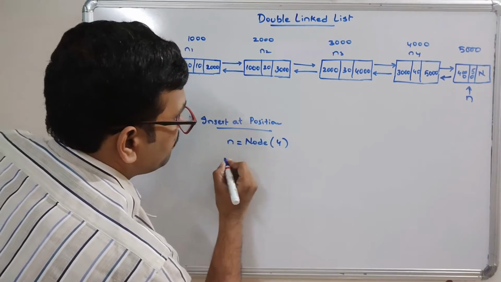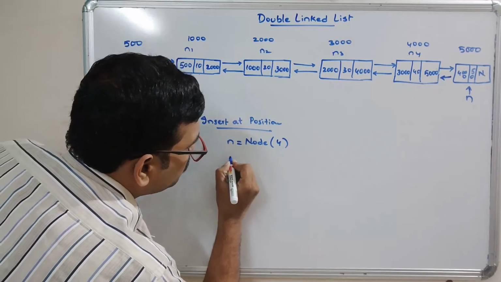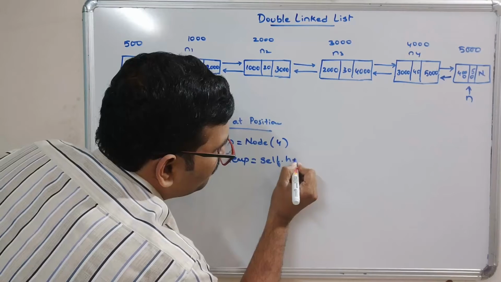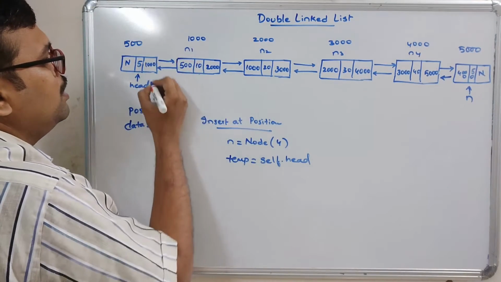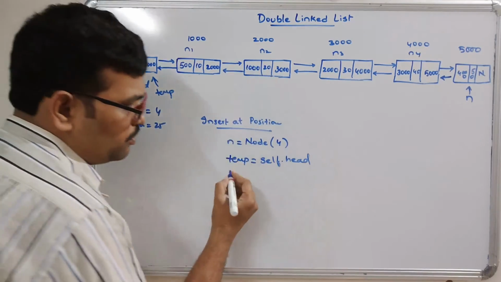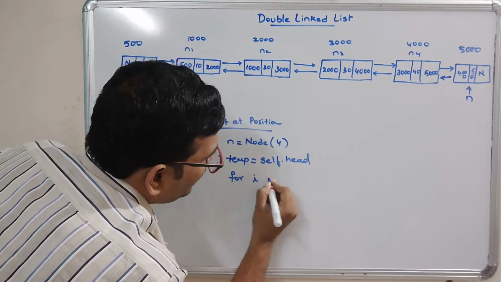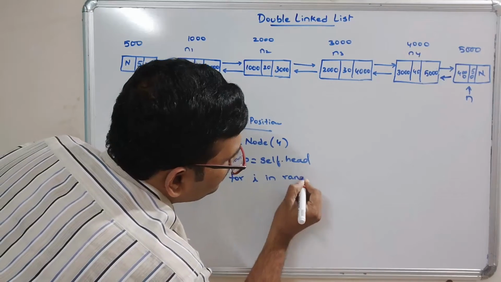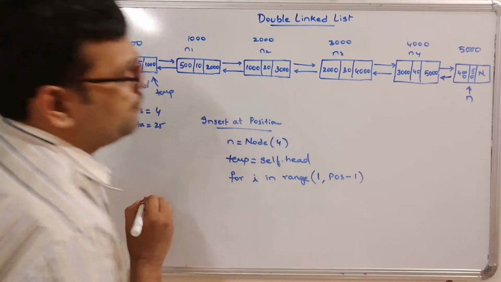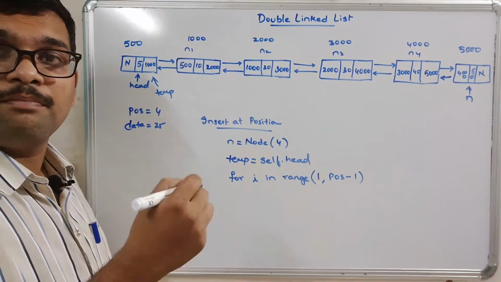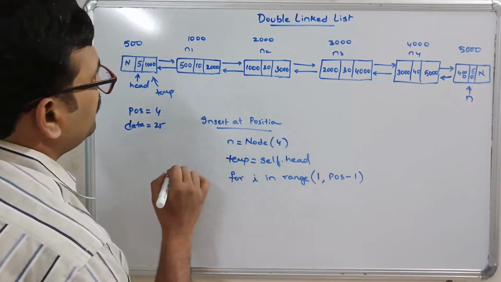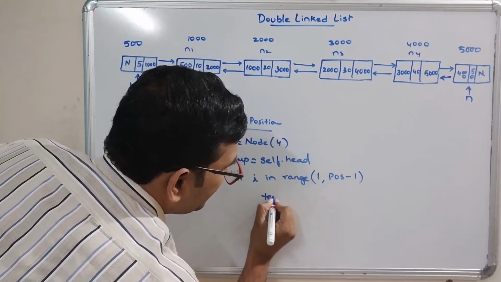So now what we have to do? Take the temporary variable and assign the head position. So automatically now this is the temp. Now we have to travel. So for i in range 1 to position minus 1, automatically change the temporary variable.